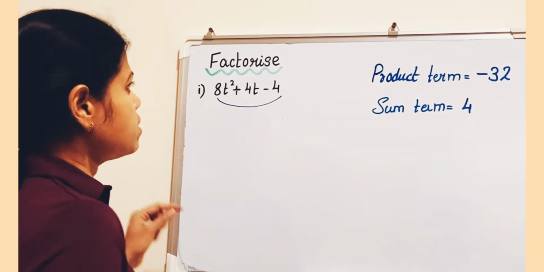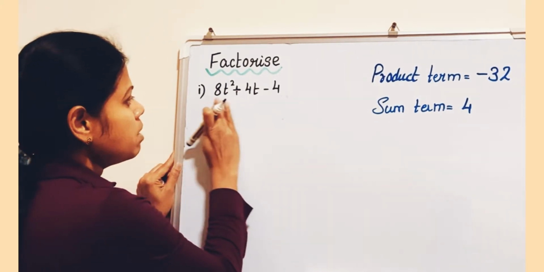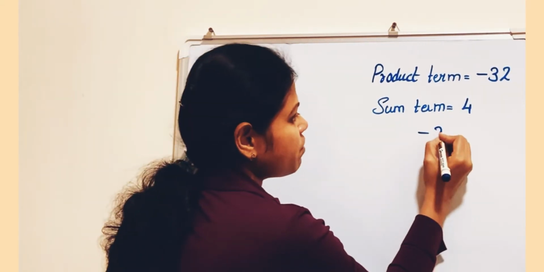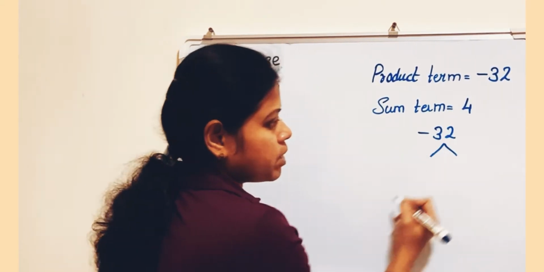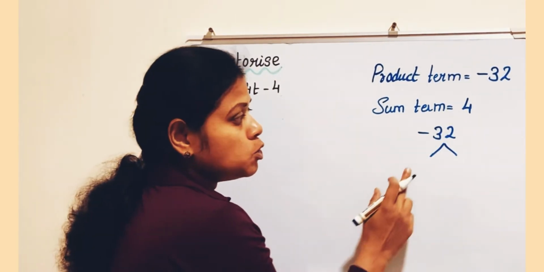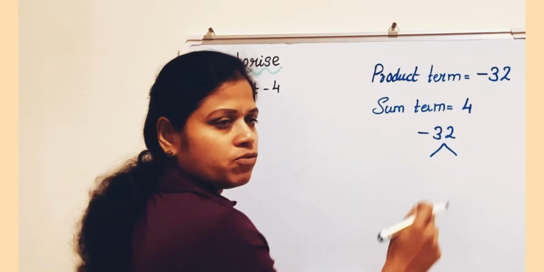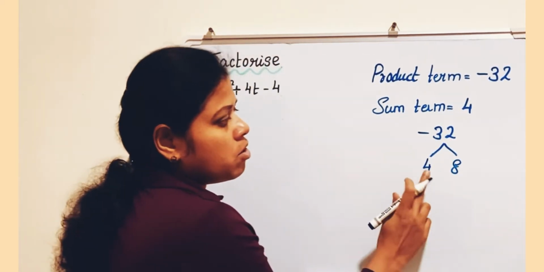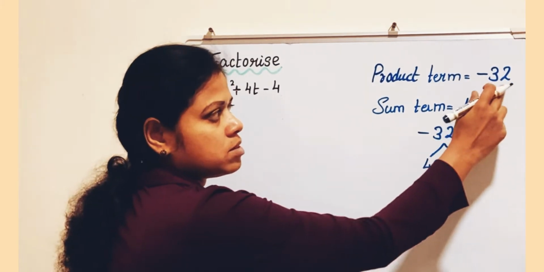Now, next step, you have to split the middle term, and for that you have to find the factors of this minus 32. So what are the factors of minus 32? 1 and 32, the sum will not be 4. And 2 and 16, sum will not be 4. Then 4 into 8, yes. 4 multiplied by 8, it's 32.